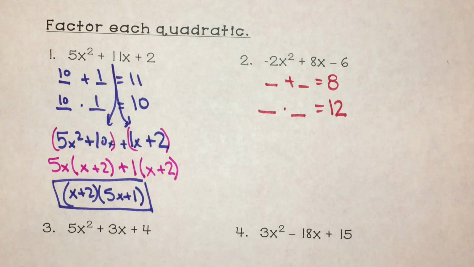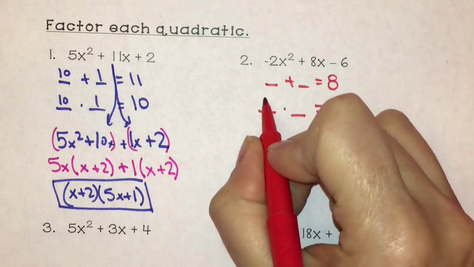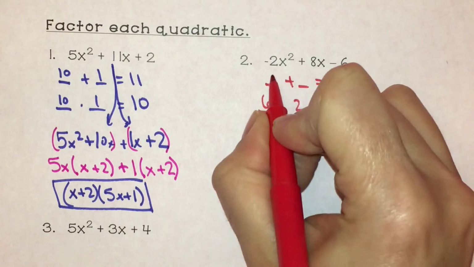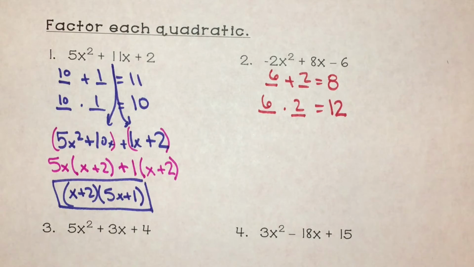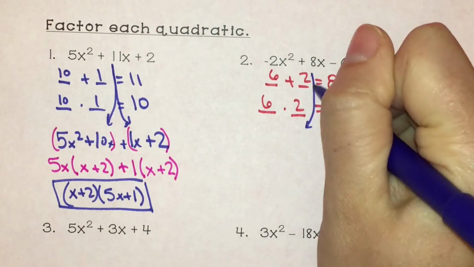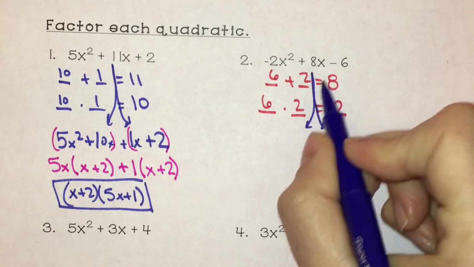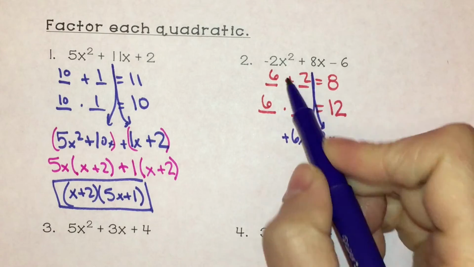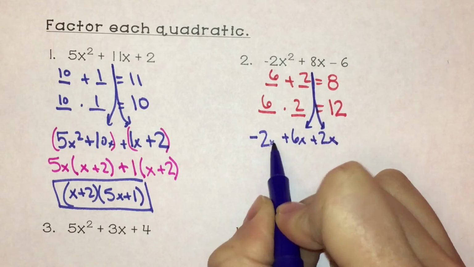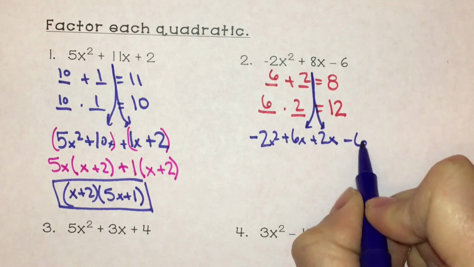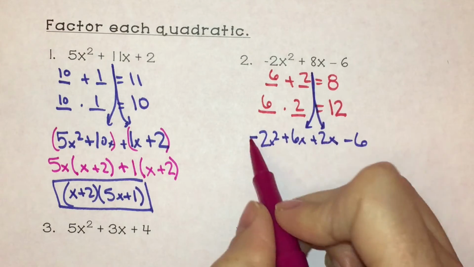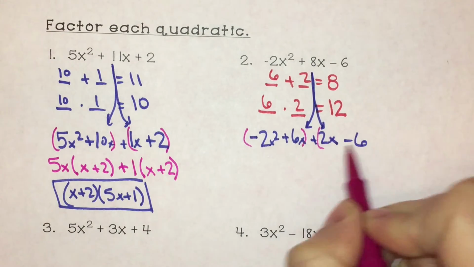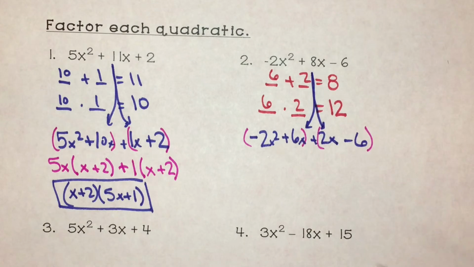All right, we have, in this case, 6 and 2. 6 times 2 is 12, and 6 plus 2 is 8. Breaks down that middle term. So we have a positive 6x plus 2x. Bring down that negative 2x squared in front and the minus 6 in back.